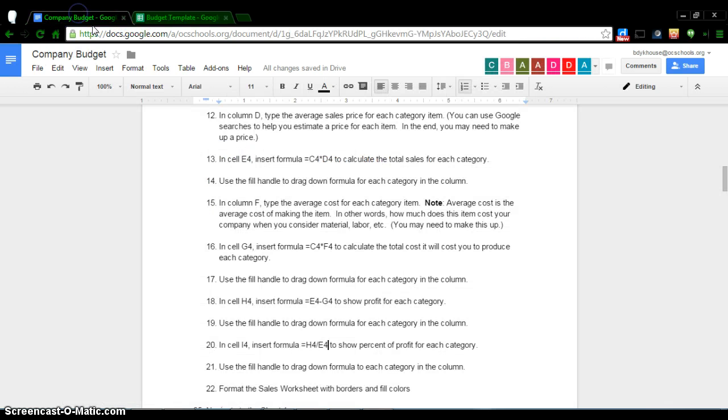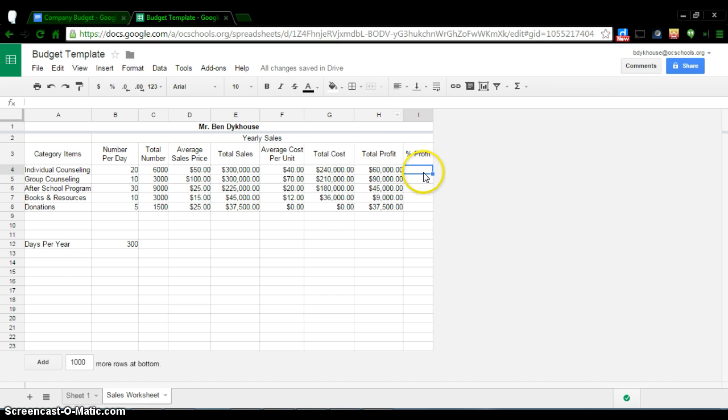So again, that formula is H4 divided by E4. So equals H4, the total profit, divided by, which should be right next to your shift key, bottom right, E4. And you should not get a decimal point in this column because we've formatted to %, I believe. So, individual counseling shows a 20% profit.